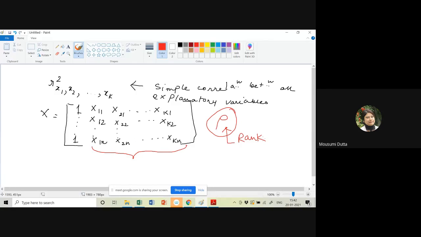And this rank condition, or the assumption of rank, will not be satisfied, and you will not be able to estimate the parameters of the model. If the rank conditions are not satisfied, that means in future there will be some problem regarding the inversion part, x prime x inverse. So all these issues will come.